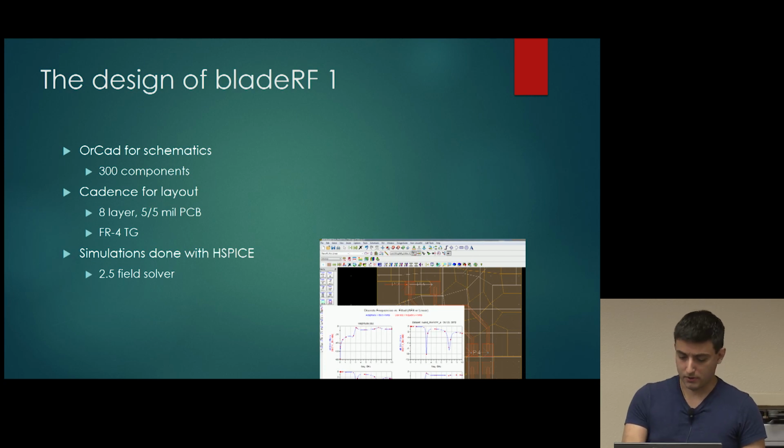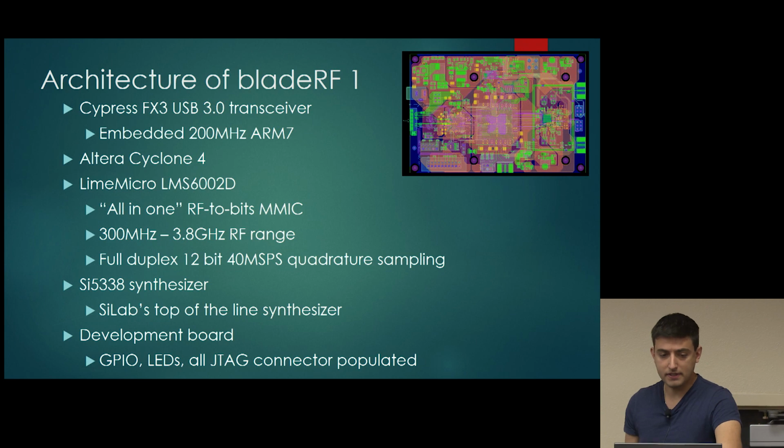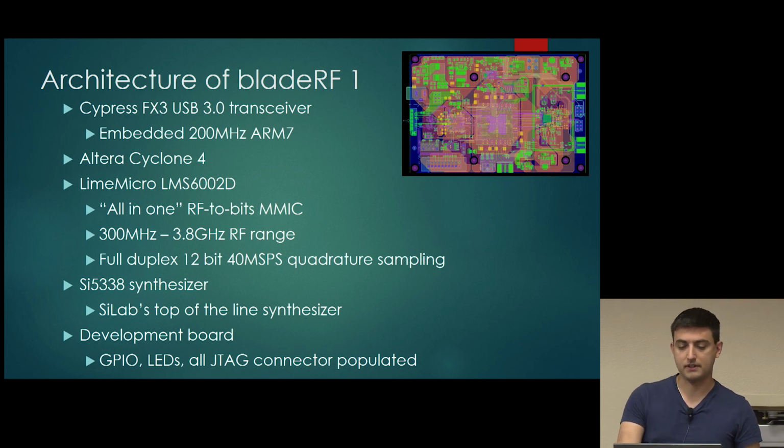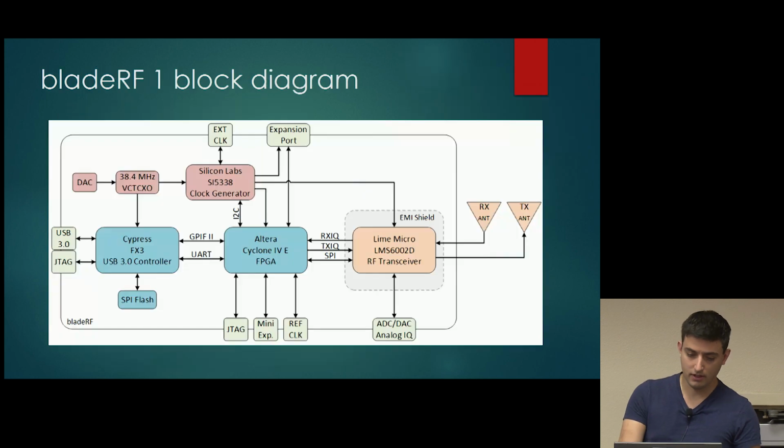The original bladeRF was, as I said, basically a LMS6 based device with a USB 3 transceiver from Cypress, and it featured an Altera Cyclone 4 FPGA that basically glued all the logic stuff together. It also had a pretty nifty SI5338 synthesizer, which is Silicon Labs' kind of top-of-the-line synthesizer.